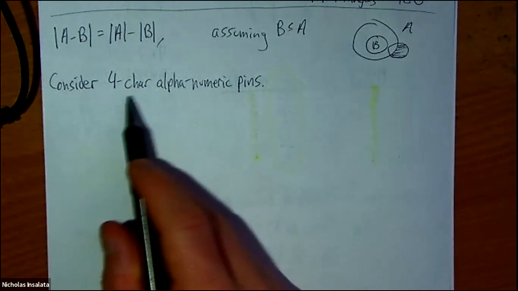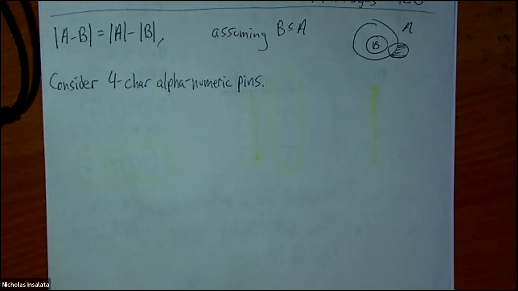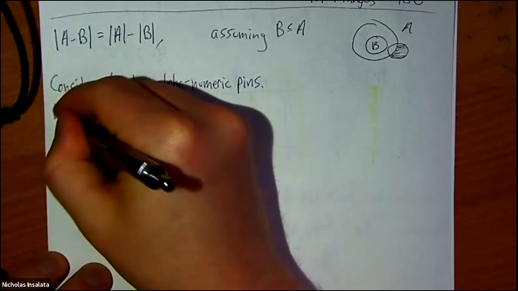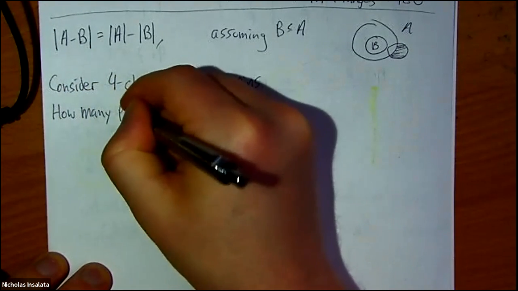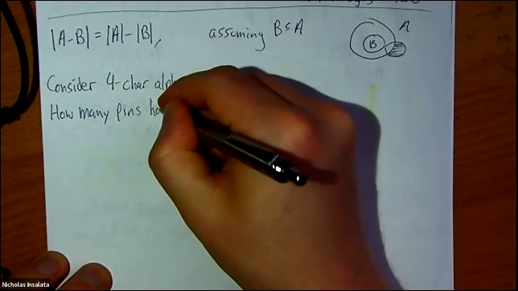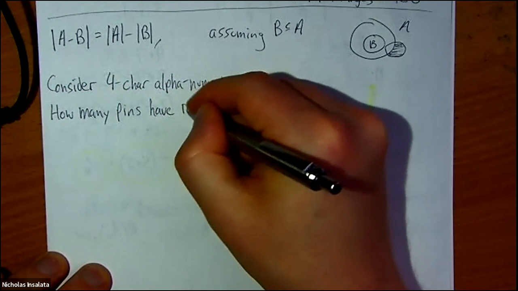Now, if we have 4-character alphanumeric pins, with repetitions allowed, so you can repeat stuff, let's ask about how many of them are repeated. How many pins have repeated characters?